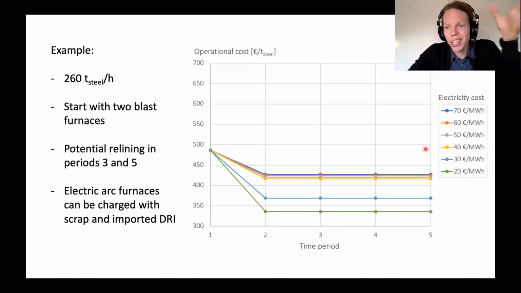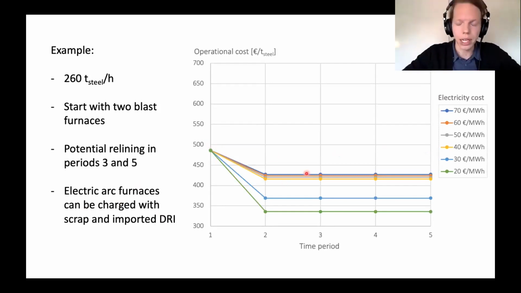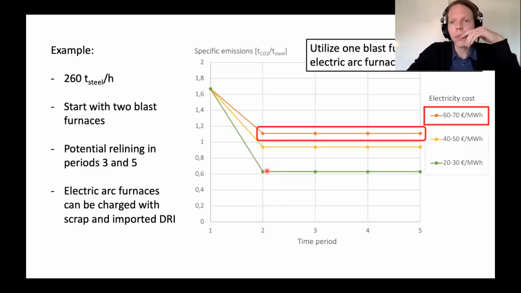So regardless of electricity cost here, we could reduce the operational cost with the cost assumptions that we have in these examples, because the possibility of replacing a blast furnace with an electric arc furnace and charging it with scrap is the most economical option here, given the cost assumptions.